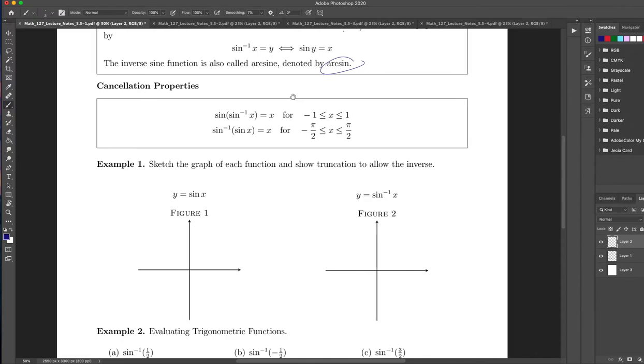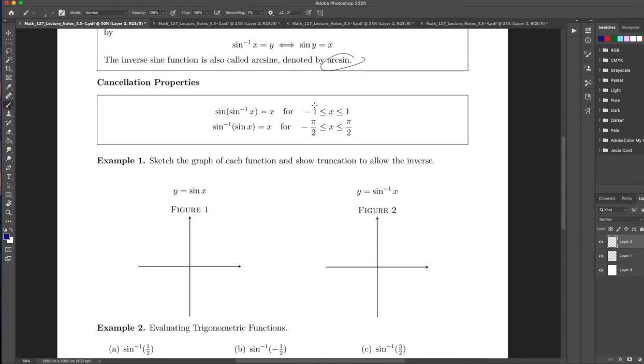Alright, so let me draw this and then I'll get to the cancellation properties. We're going to start with the sine function real quick. So here's sine of x, and here we'll draw in our π and our 2π. And then I'm actually going to go backwards a π, just for fun.